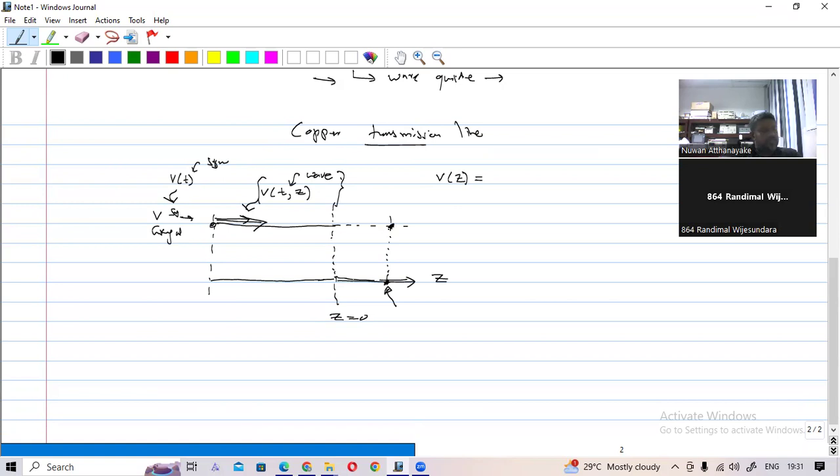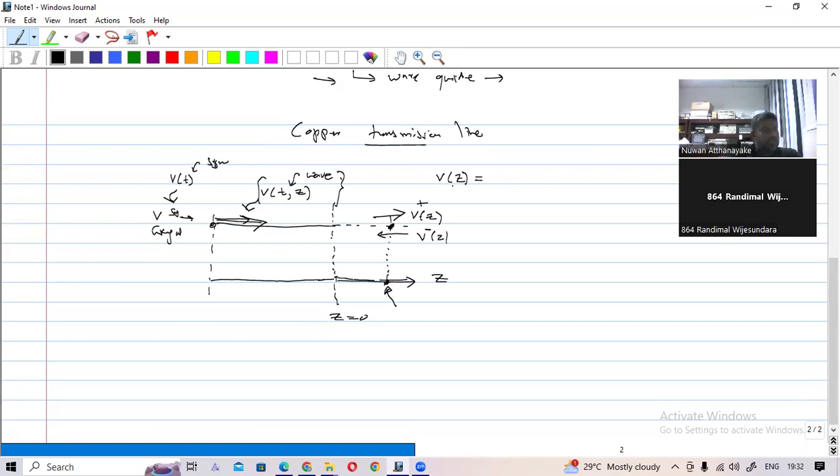if a signal is propagating, the signal is going forward, which we denote as V plus, and the signal can also be reflected, which we denote as V minus.